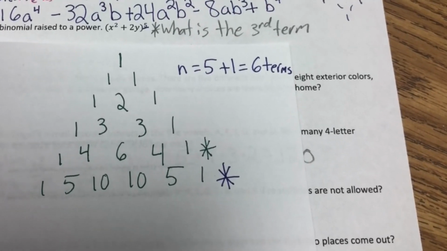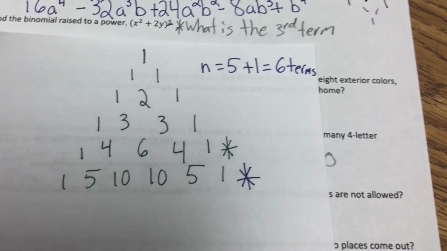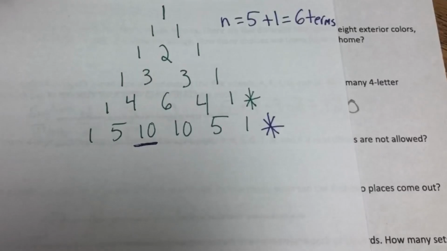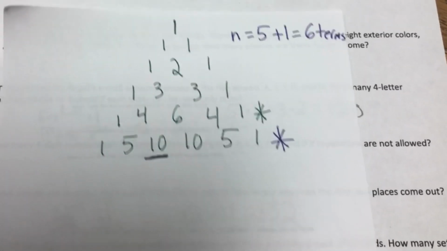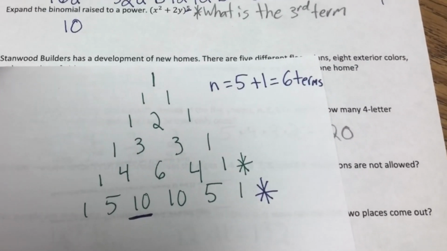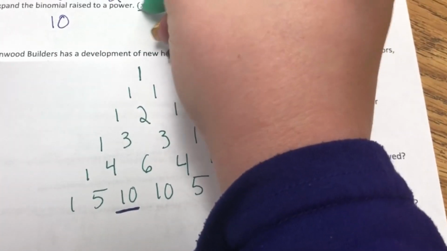And on your paper that you have access to, it asks for the 3rd term. So you're looking at this number 10 as your coefficient. So you're going to have number 10 out front. Now the first part of your parentheses was x squared.